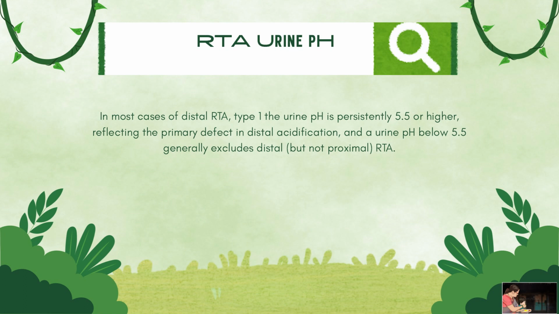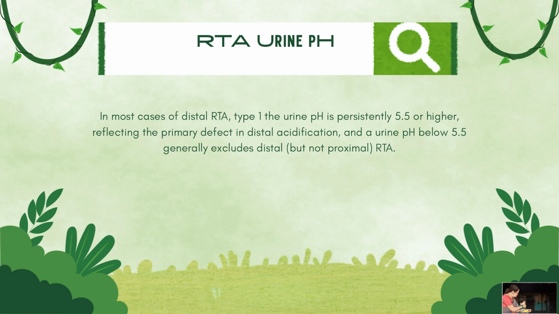There are two types of distal RTAs, type 1 and type 4. Type 1 is a defect of alpha intercalated cells not secreting hydrogen ions. Thus, a distal type 1 RTA would persistently have a urine pH higher than 5.5 because the primary defect is in distal acidification.